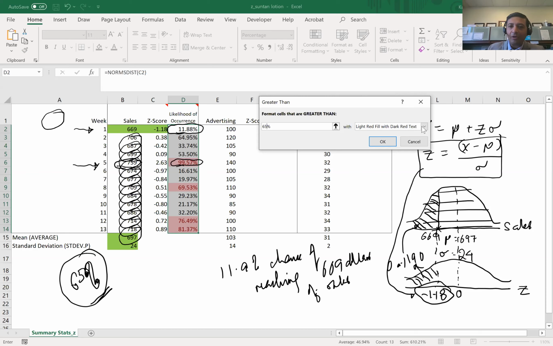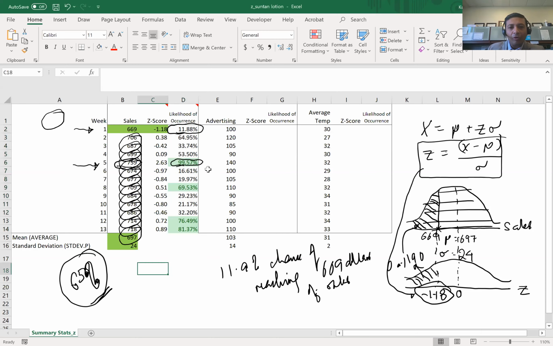Okay. And because those are the better weeks for me, I want to put them with a green fill with dark green text, green being a go and red being a no-go. And when I hit OK, then this produces a more pictorial view that tells me that weeks 5, 8, 12, and 13 are the real breadwinners for me. These are the weeks in which I'm comfortable with the sales. The other weeks, not so much.